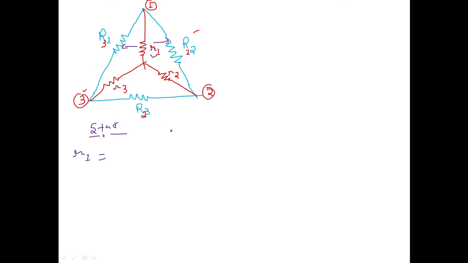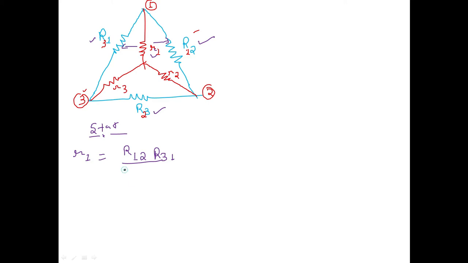So we multiply both these resistances, that is R12 multiplied by R31, upon the summation of all the outer resistance network, or summation of all the resistances that are in delta form.